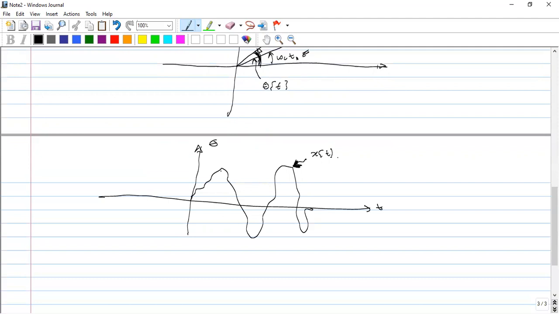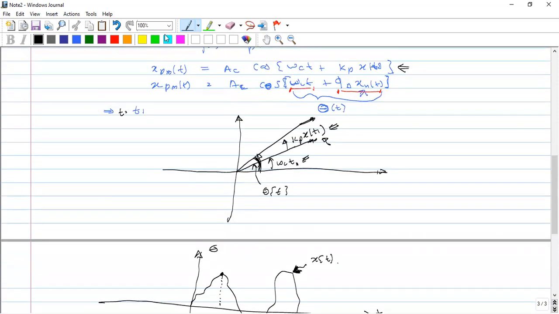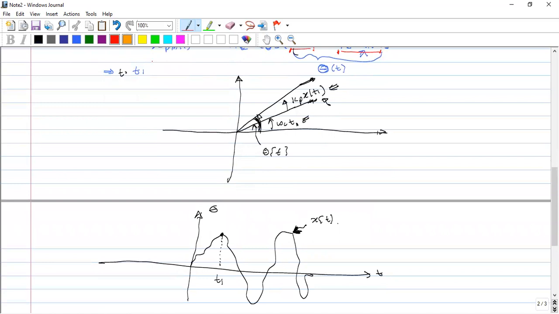Now if you want to find this total angle at some point, let's say t1, this is the angle. Let's say it is theta t because it is varying with time.